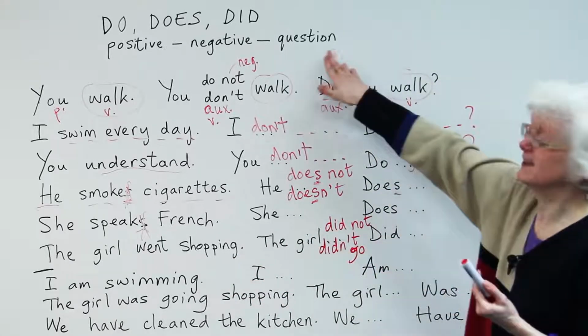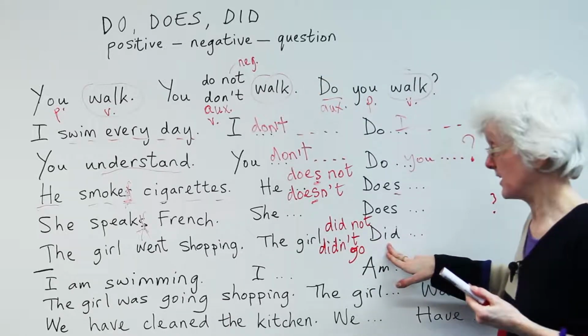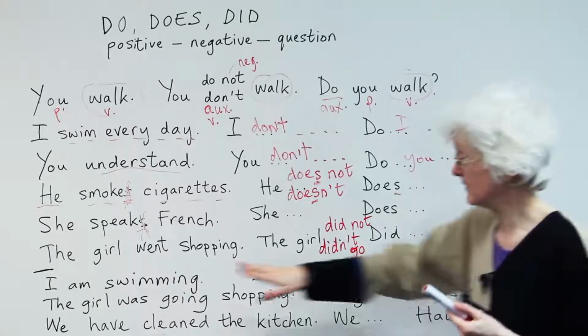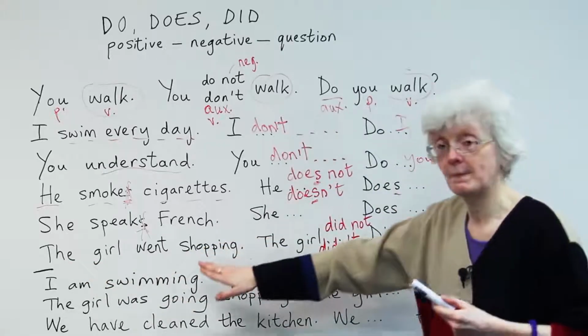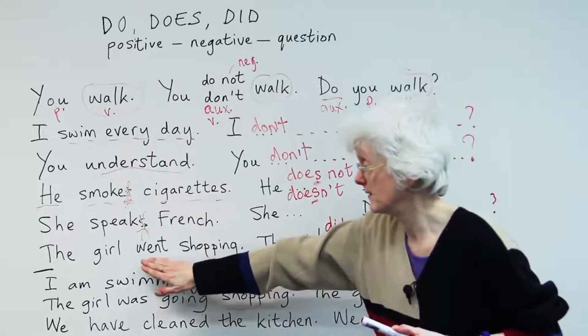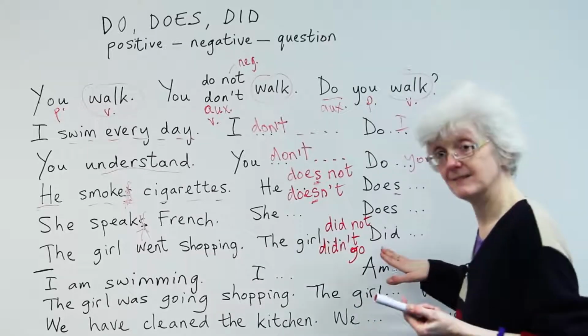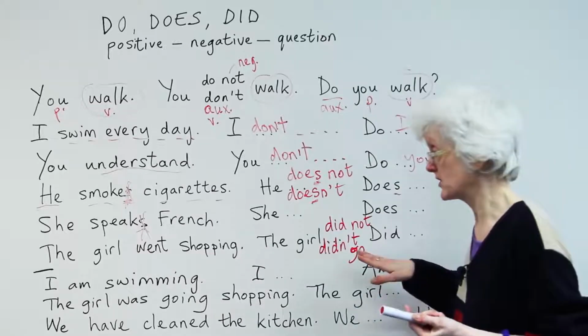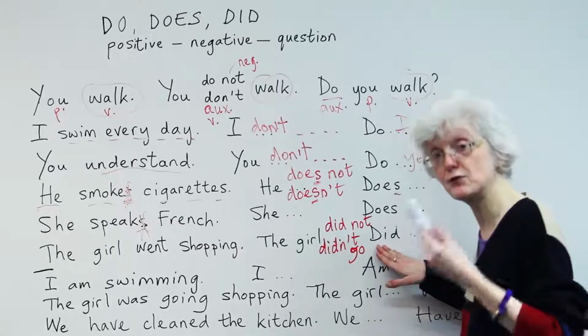Okay, let's try it with a question. Did, so can you think, did, it's going to be the girl, so did the girl, what do you think it would be? Did the girl went shopping? Probably not. No, because we've got did already, the past tense of do.